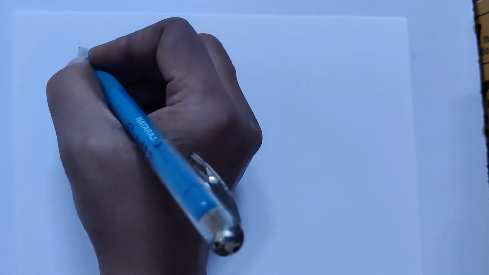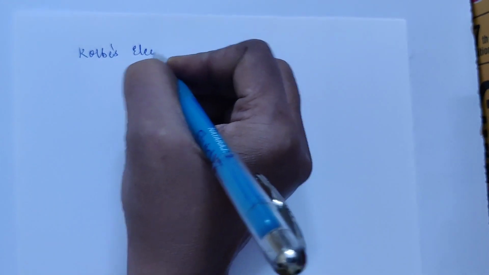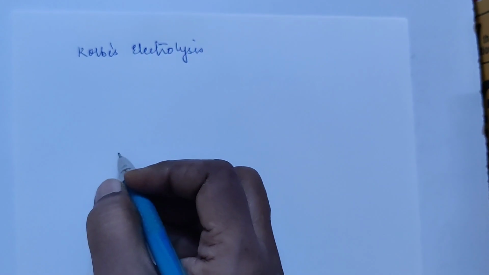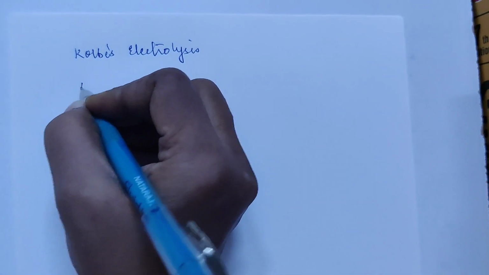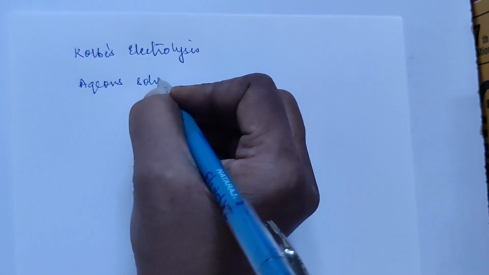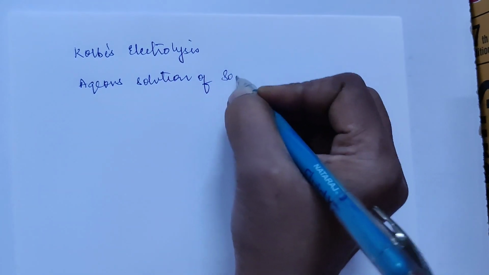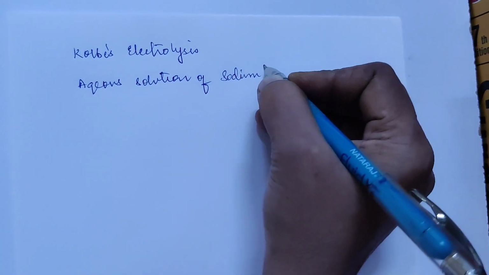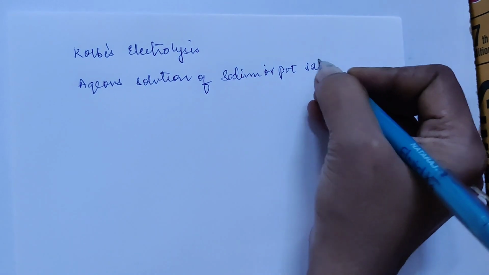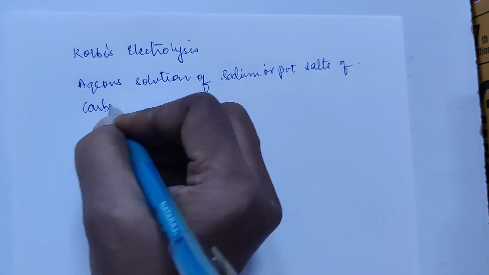The second method is Kolbe's electrolysis. In Kolbe's electrolysis we use an aqueous solution of sodium or potassium salts of carboxylic acids.